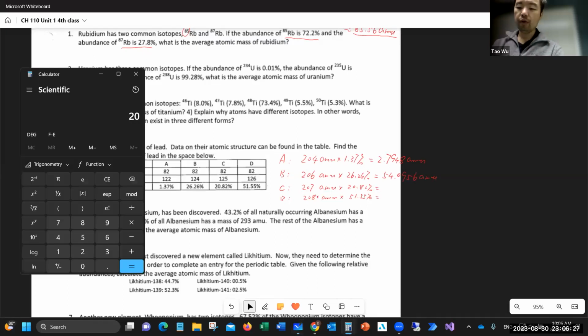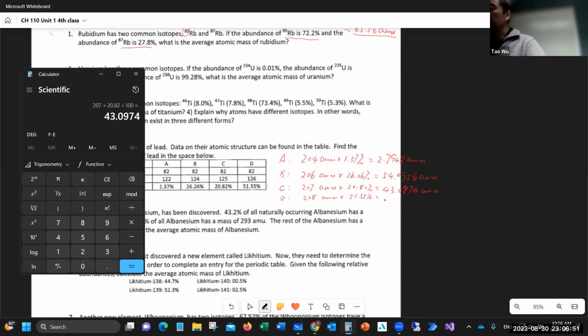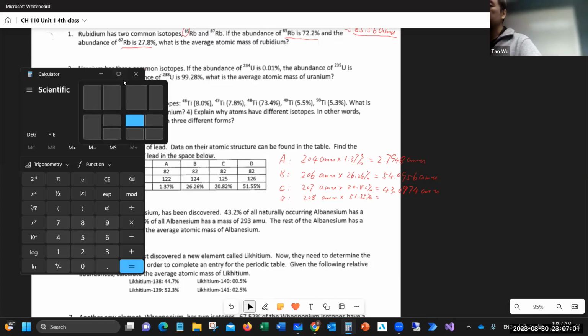Then the next one, 207 times 20.82 divided by 100 gives 43.0974. Next one is 208 times 51.55 divided by 100. We got 107.224 AMU.